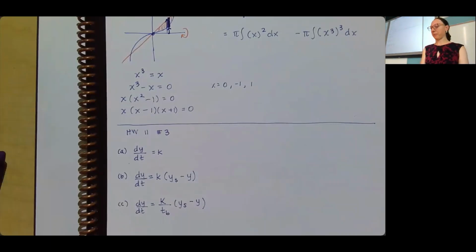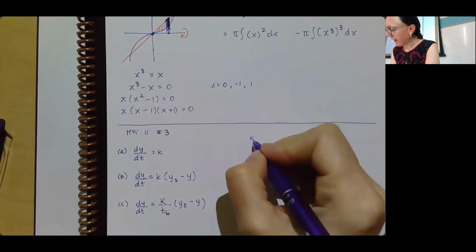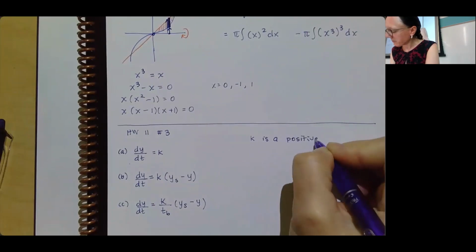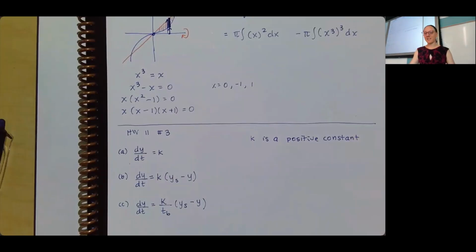Okay, so let's just quickly run through classifying each of these differential equations. It is important to know that in this entire problem, we are told things. We are told that K is a positive constant. We weren't told what the constant was. We're just told that it is a positive constant.